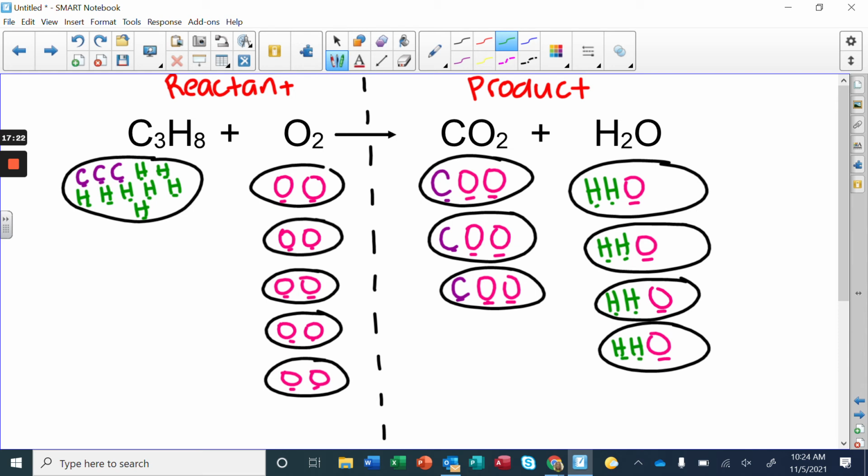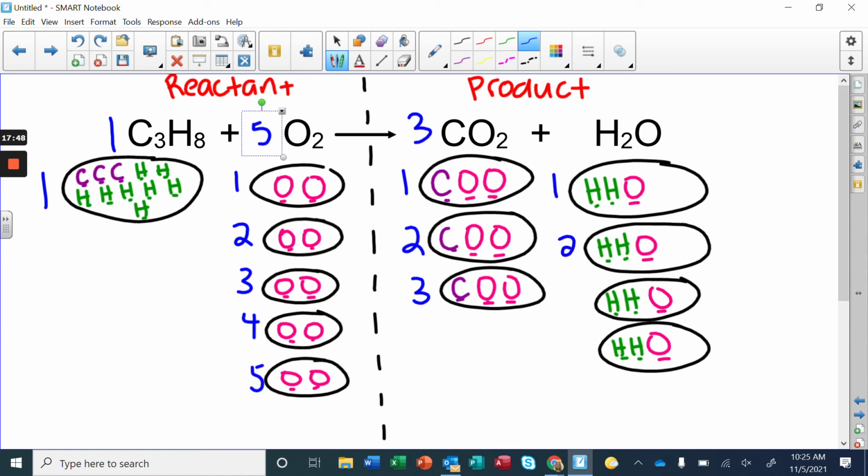I have 10 oxygens, and I have 10. Everything is balanced, so we need our coefficients. We have 1, 2, 3, 4, and 5, 5, 1, 2, 3, and 4. And that's our balanced chemical equation.